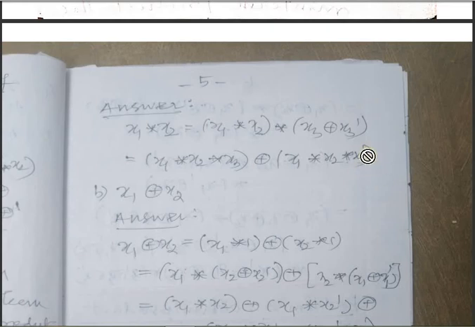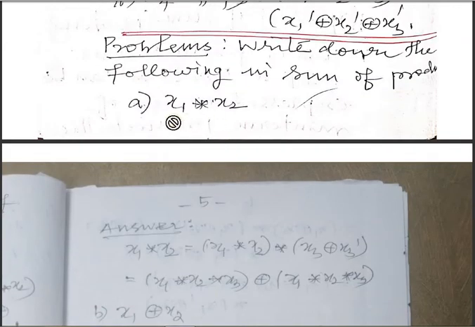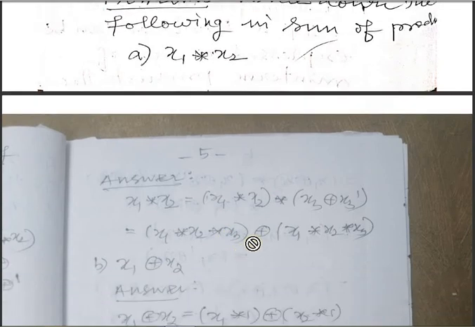Okay, x3 dash, because x1 is here, meet x2 is here, meet x3 dash, though it is not seen clearly because of this bracket. So now what is this form? Sum of products form. So the given expression can be written as sum of products, or join of meets.